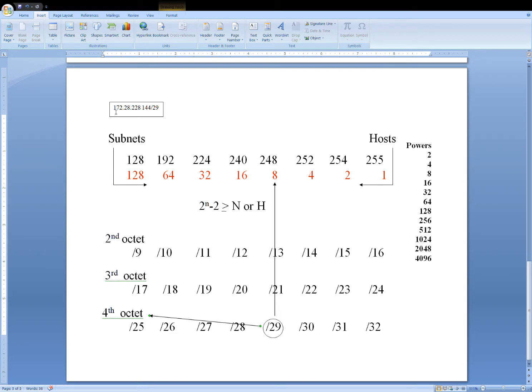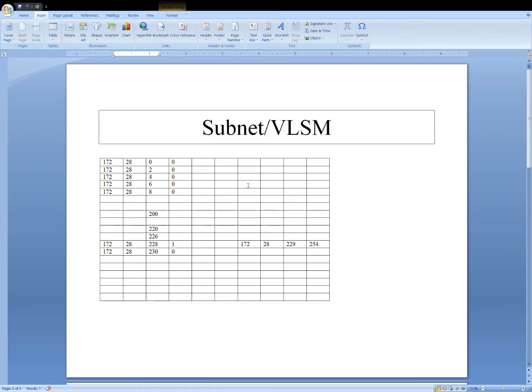Now what that means is, just like in the last one, we didn't touch the first two, because we were playing in the 3rd octet. I'm playing in the 4th octet, so this time I don't touch the first 3, at least when I start. So 172.28.228.